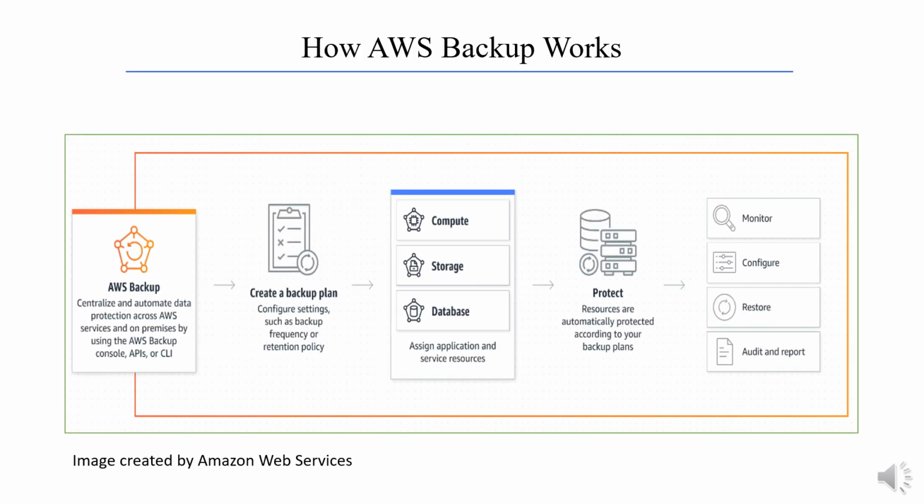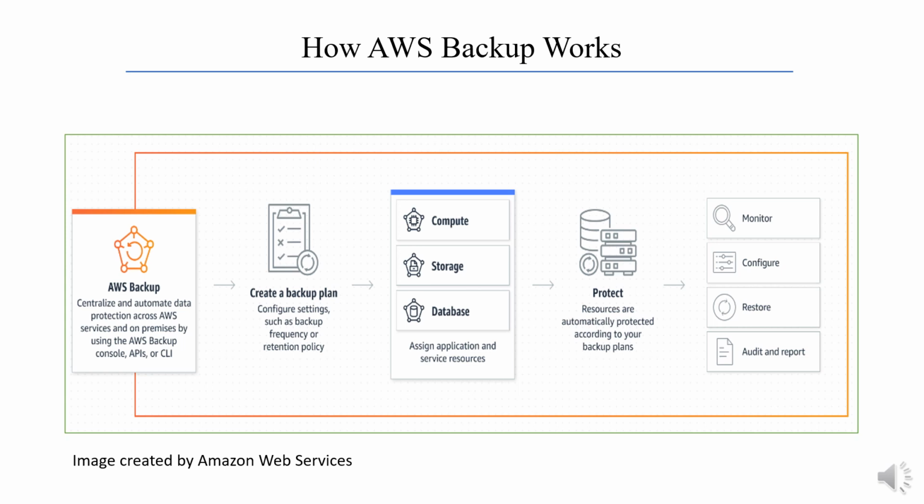Excellent. Now let's see how AWS Backup works in a typical application environment. AWS Backup is a cost-effective, fully managed, policy-based service that simplifies data protection at scale. The diagram is created by Amazon Web Services. It shows the key features of AWS Backup and steps one must follow to use the service.